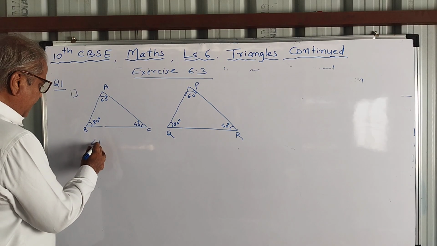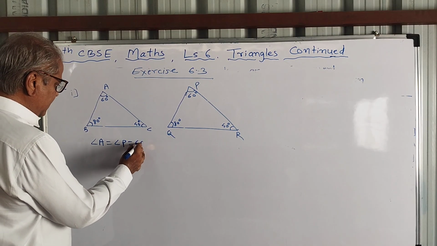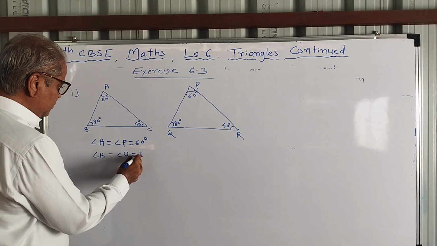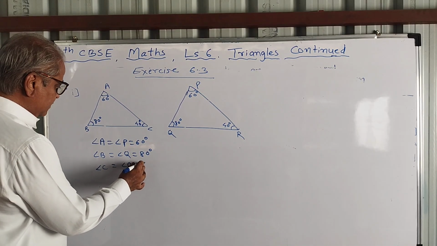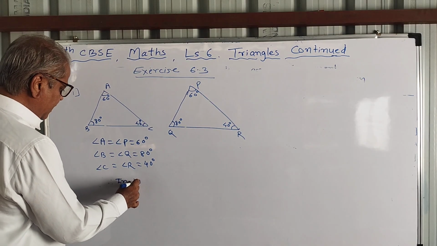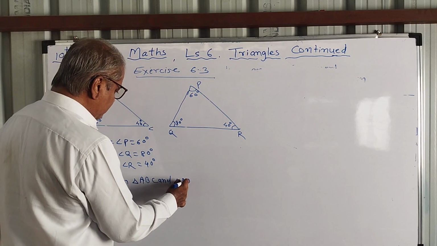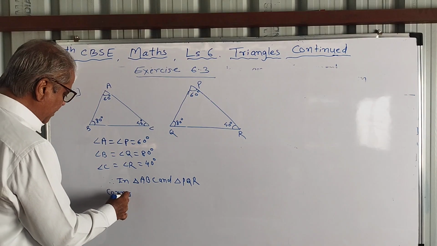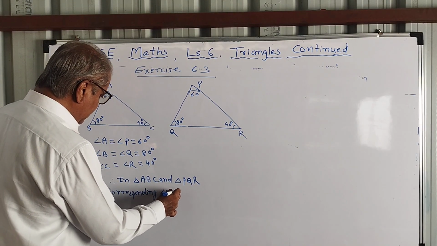So angle A is equal to angle P is equal to 60 degrees, angle B is equal to angle Q is equal to 80 degrees, angle C is equal to angle R is equal to 40 degrees. Therefore, in triangle ABC and triangle PQR, corresponding angles are equal.